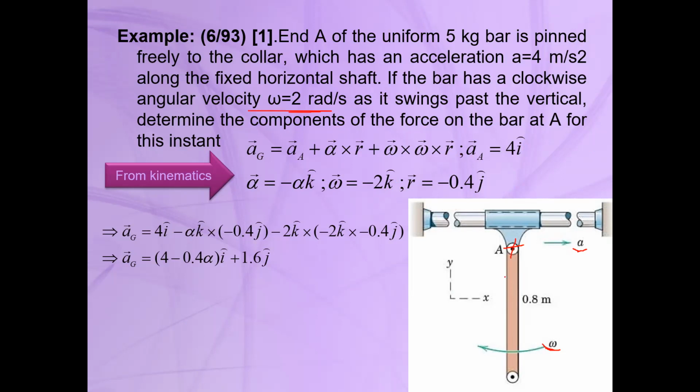So for this purpose, if you plot the free body diagram for this bar, we will have two reactions at point A. And at this time, the normal reaction is clearly equal to the weight of this bar. But to obtain the horizontal component, let me plot the reactions.